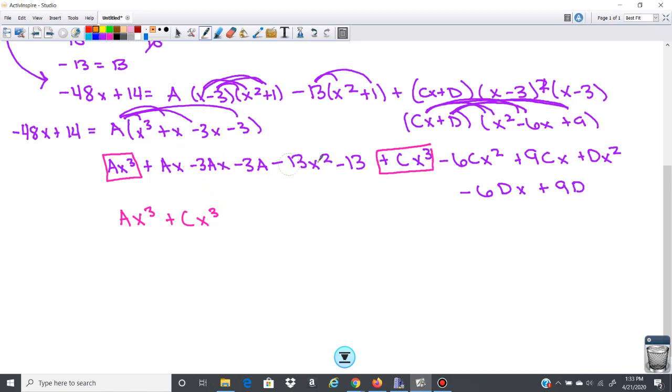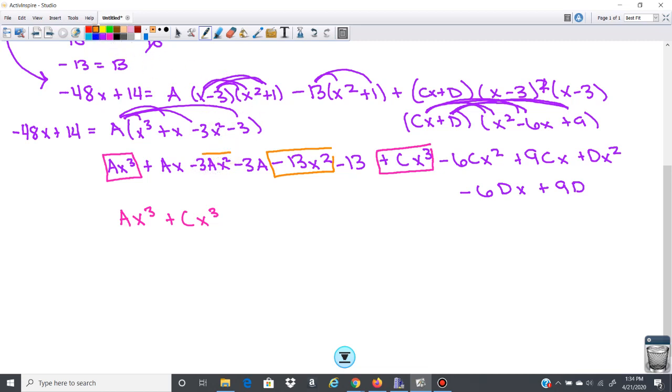Okay, then x squared, we're going to go orange. So I have a negative 13x squared, and I'm noticing something here. If I go back up here, x times x squared is x cubed, x times 1 is x, 3 times x squared, that's an x squared right there. So this here is a negative 3ax squared.